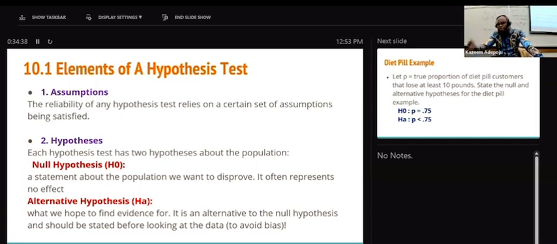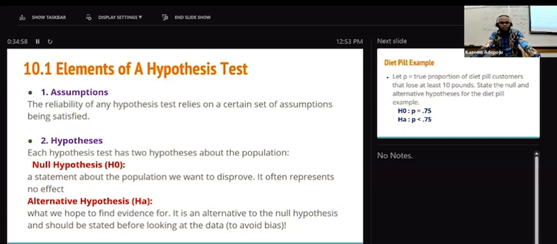Number one assumption here is that you have to use the principle of randomization. The way you're going to take your sample from the population, you have to choose randomly. Choosing randomly means you are giving equal chance to elements in the population.